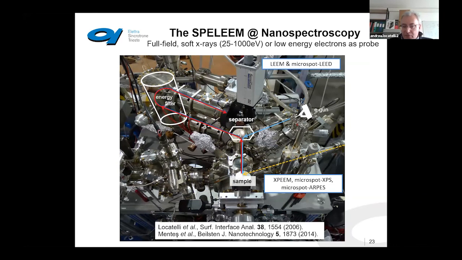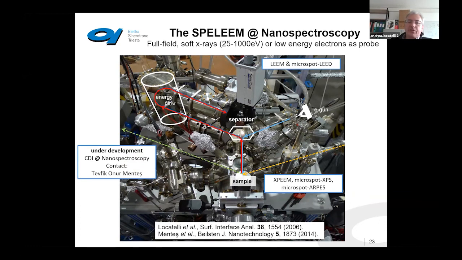And whereas the first one gives you access to the chemical properties using microspot XPS, imaging XPS, and microscope spot ARPES, then you can use the low energy electron microscope to learn about the surface structure.